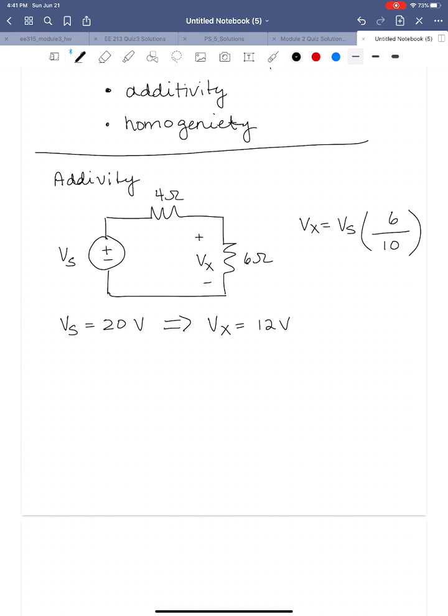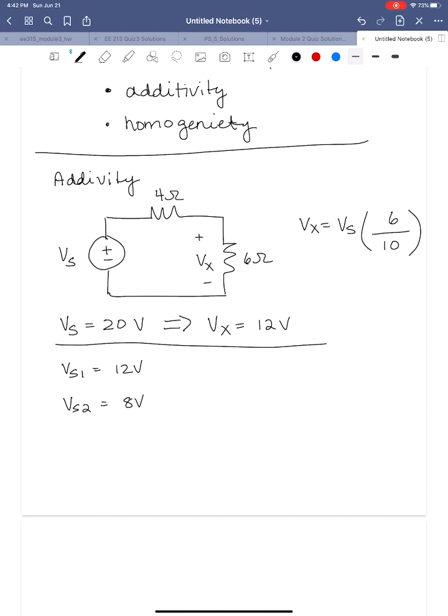Okay? Now, what happens if we didn't have a 20 volt source? Let's say for argument's sake that instead we had two sources. We had Vs1 equal to 12 volts, and we had Vs2, which is equal to 8 volts. And we put these in series with each other.